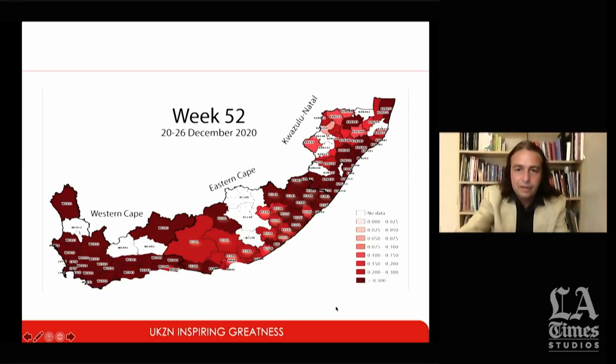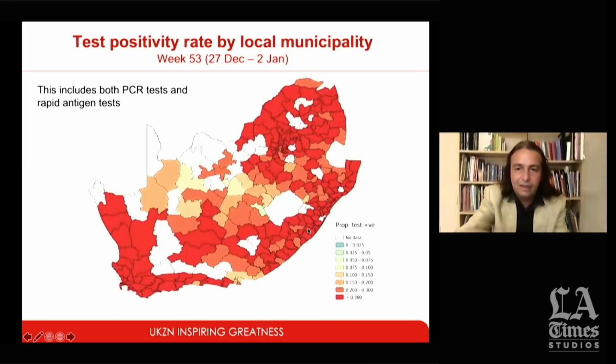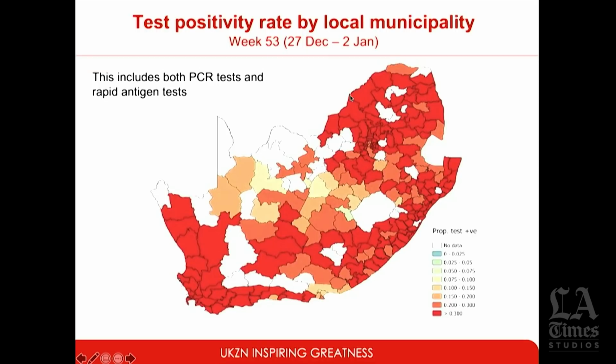If you go to the next slide, here again we put in the whole country, and you can see that by January, not only did the same thing happen in the center of the country, but a lot in the districts that border the neighboring countries. Here would be Swaziland, Mozambique, Zimbabwe, Botswana, Namibia, Lesotho.